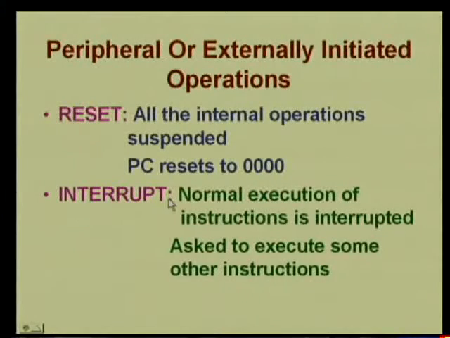So the processor can be interrupted from its normal execution and made to perform some other program execution which is called a service routine. So that is about the interrupt signal.